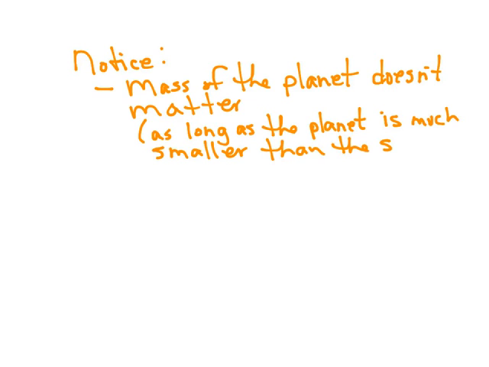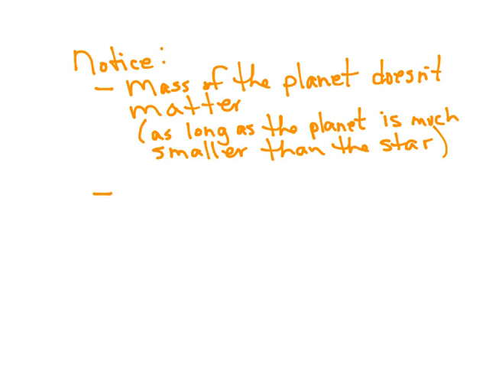And so when you've got two stars where they are much closer to having the same mass, mass will matter. But for planets going around the Sun, planets going around other stars, the star is going to be much, much more massive than what's orbiting it. And so we don't worry about the mass.